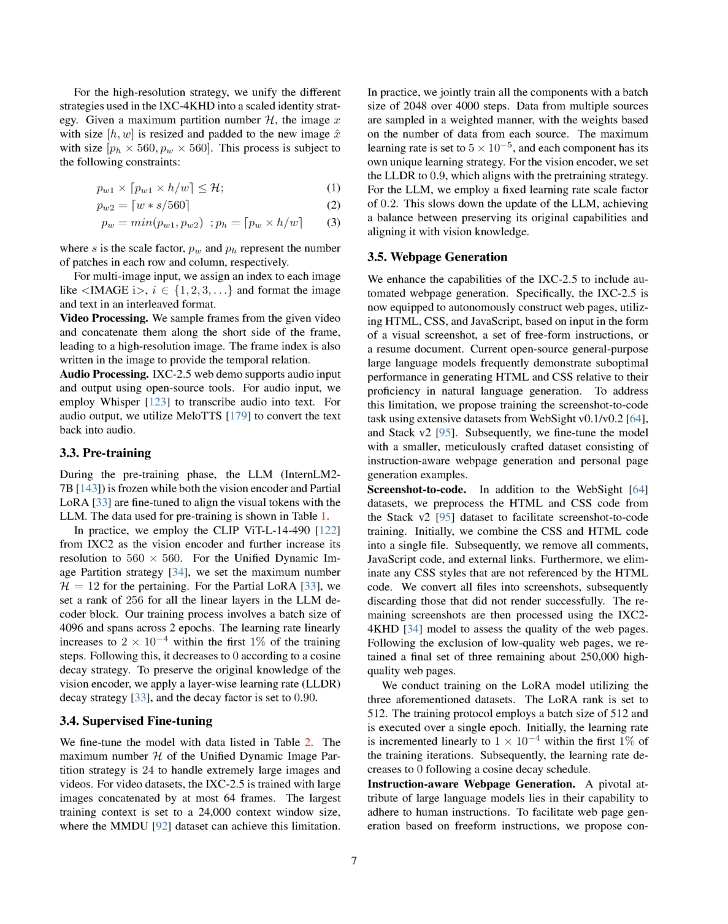In this section, we present the model architecture of IXC2.5, which is based on InternLM-XComposer-2 and InternLM-XComposer-2.5 HD, incorporating a vision encoder, large language model, and partial LoRA for alignment efficiency.